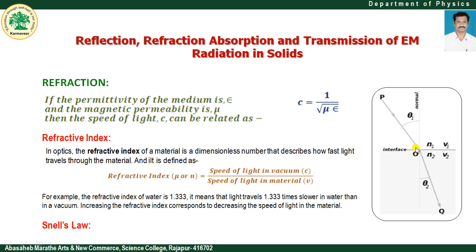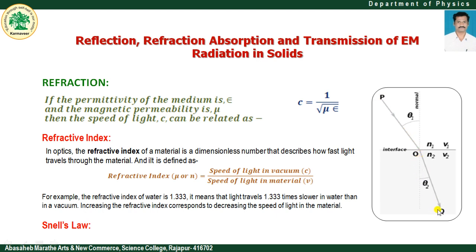Here is the direction of the incident photon. Then after entering into the material medium, it changes the direction here. Okay, now when it enters into the material, the beam of the photon changes the direction here.